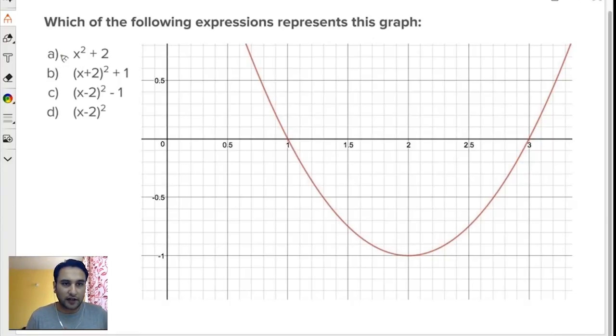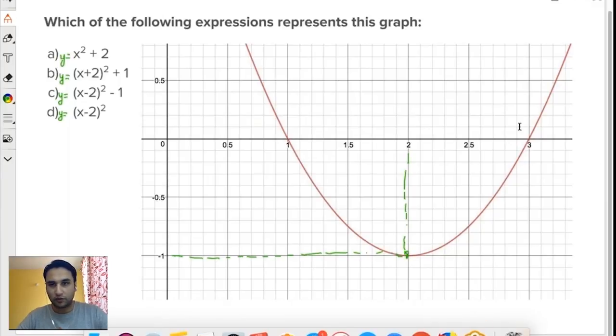Look at this red graph and tell me which one of these options A, B, C, D represents the graph. Tell me. Okay, lots of options.